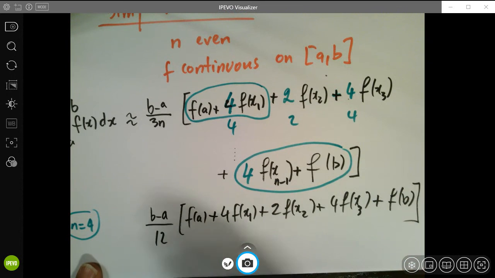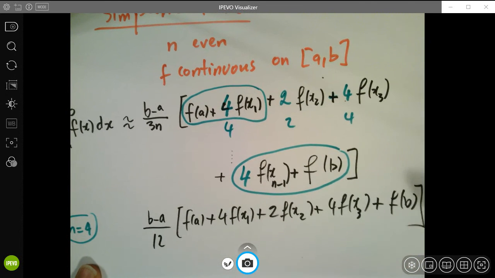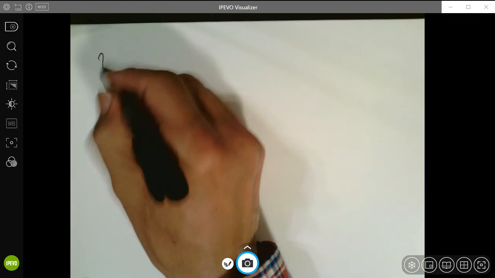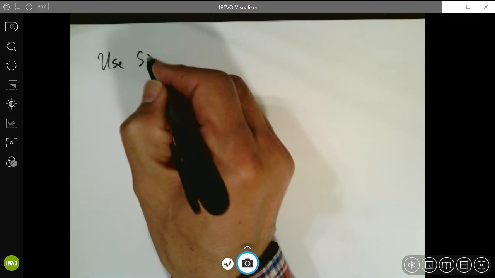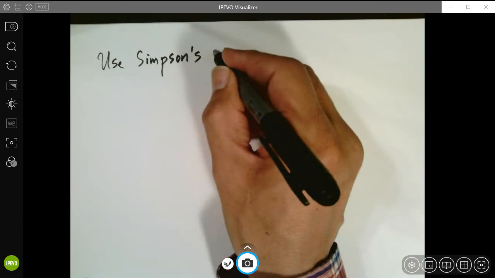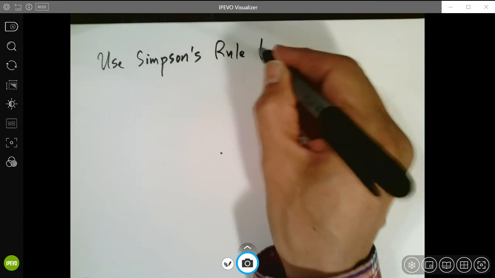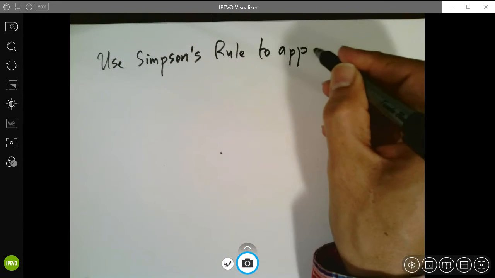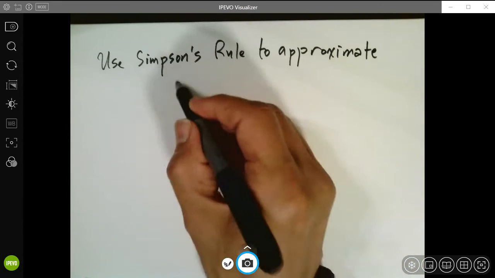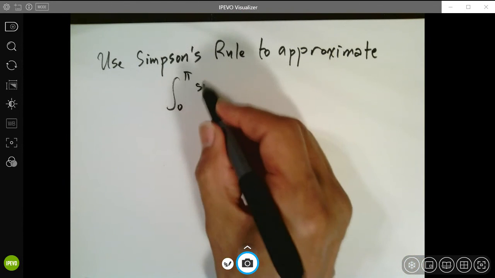Let's say, for instance, I want to compute this one for sine. I'm going to do it just for sine again. Use Simpson's rule or method to approximate the integral from 0 to pi of sine x dx.